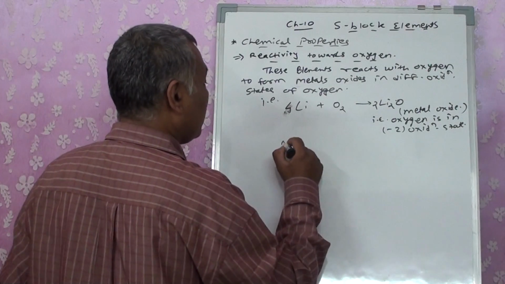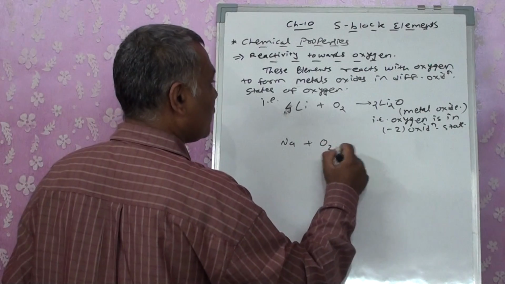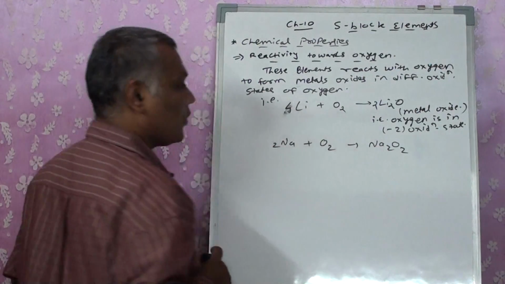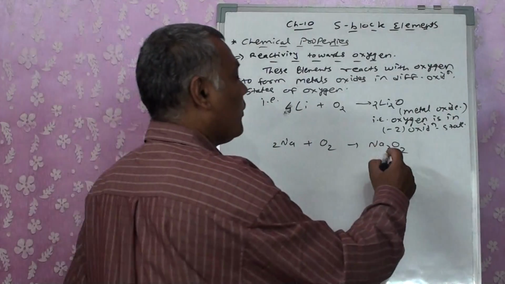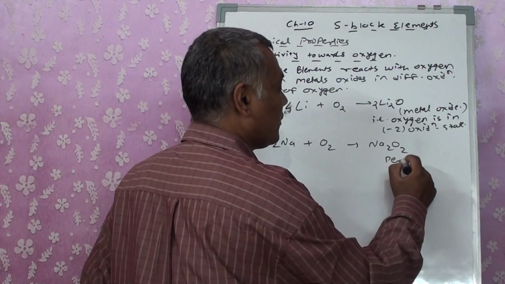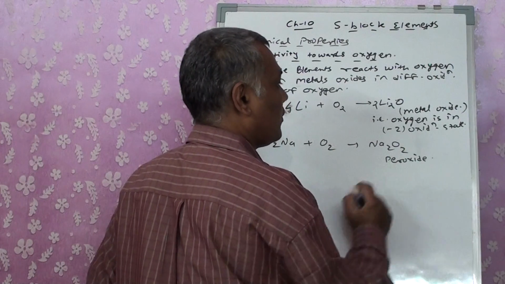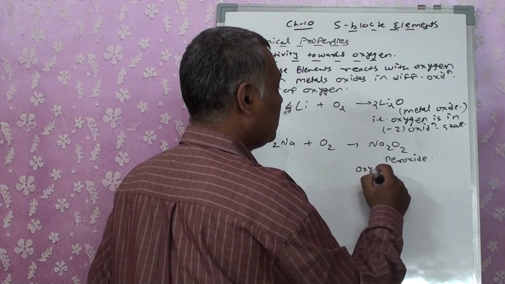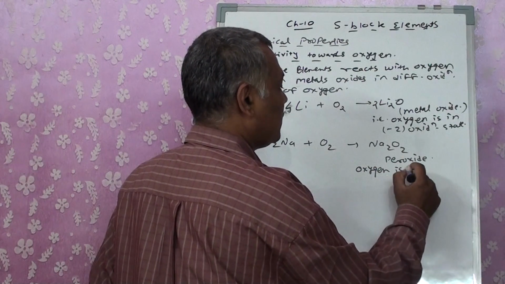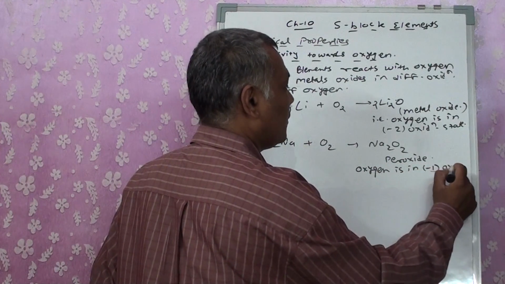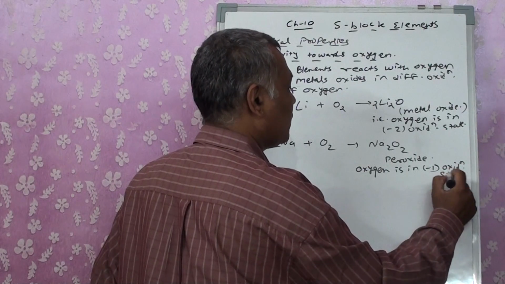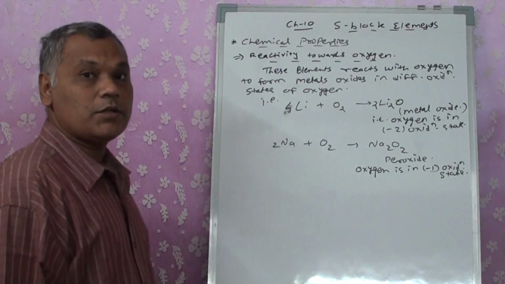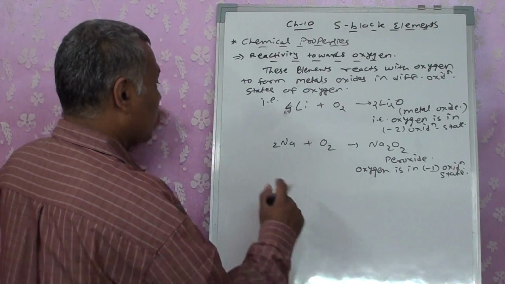Similarly, when I take sodium, sodium reacts with oxygen to form Na2O2. That means here it forms a peroxide. That means oxygen is in the -1 oxidation state. It's in the form of peroxide.